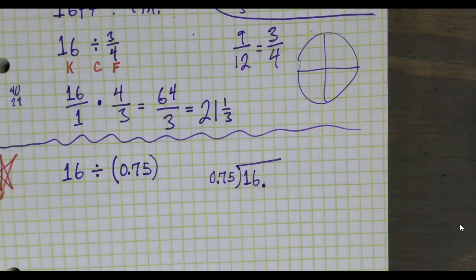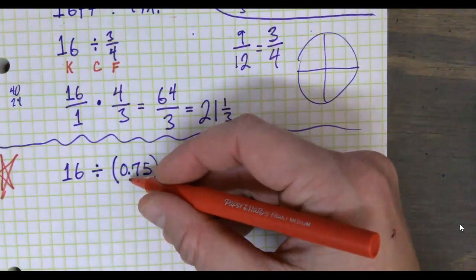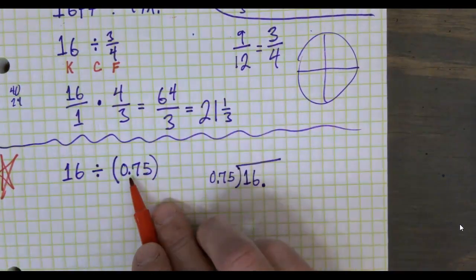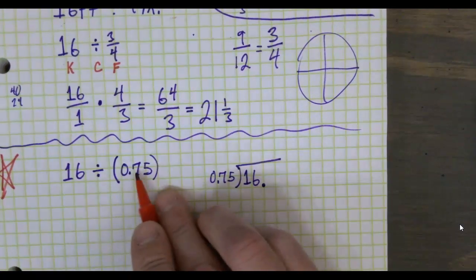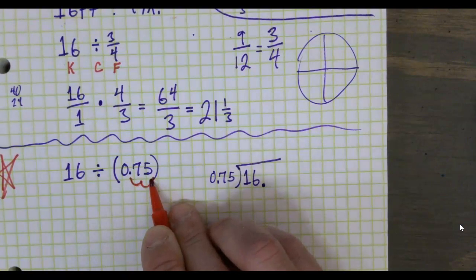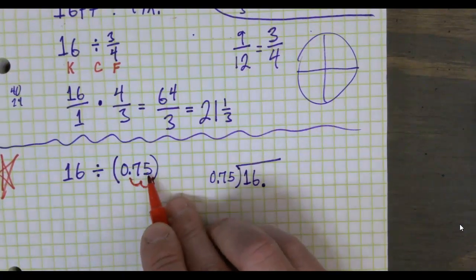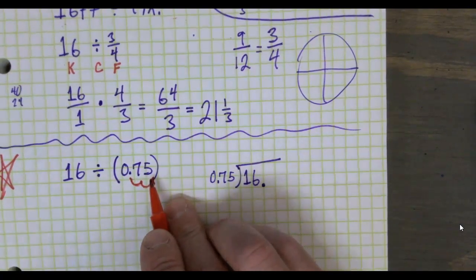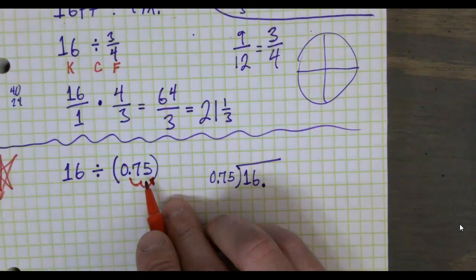What would feel better is if I could get this decimal to not be breaking up a number into a partial value. I want this decimal to get out of the number. I would really like to make this 75. Donna, how could I do that? Well, you could do 75 times 100 and have to do it to 16 as well.